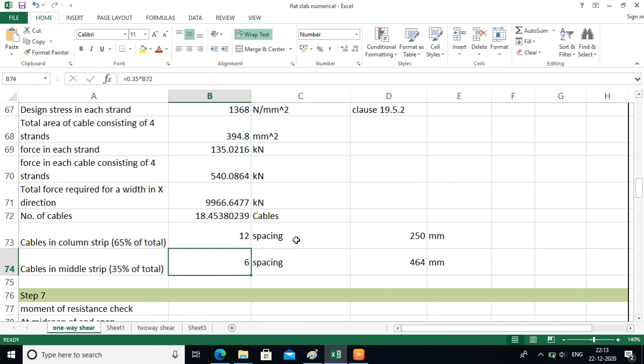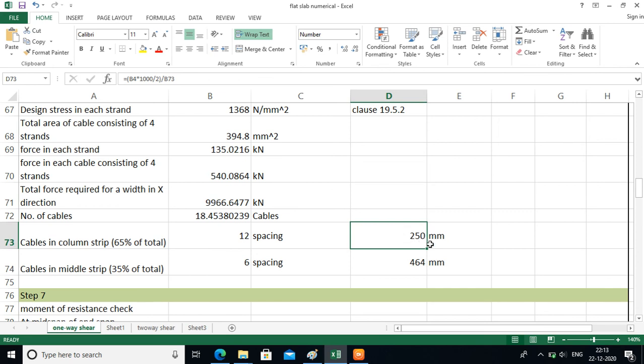So how do we get the spacing? We know that 12 cables we are going to provide in the column strip. So what is the spacing between two adjacent cables? That spacing we get as the total column strip width divided by 12, right?